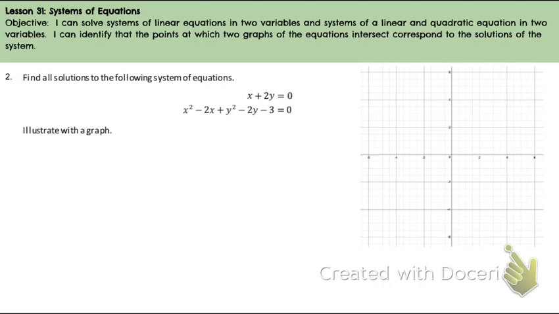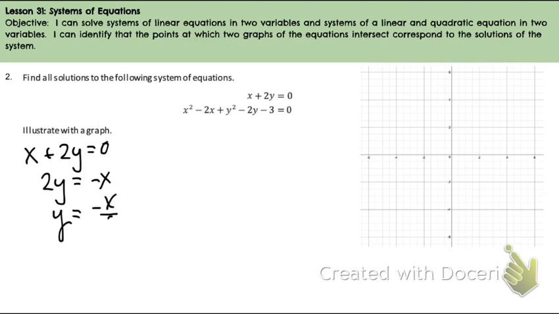So let's do our first step. We're going to solve for y in terms of x. x plus 2y equals 0, so 2y equals negative x. y equals negative x divided by 2. Okay, so now I can plug that into my other equation.